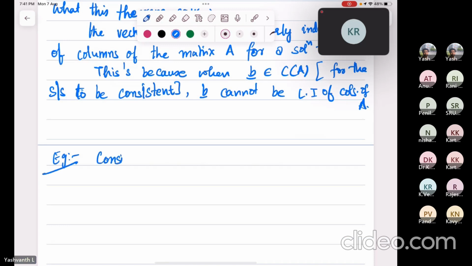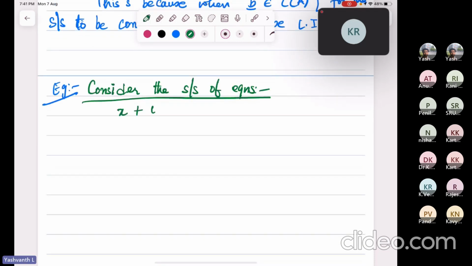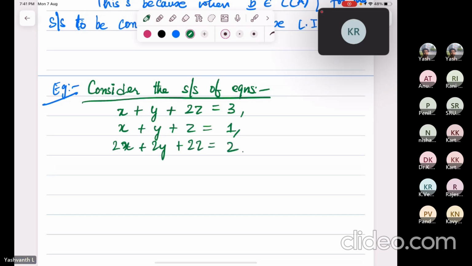Consider a system of equations: x plus y plus 2z equals 3, x plus y plus z equals 1, 2x plus 2y plus 2z equals 2.